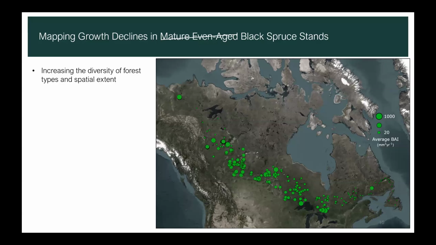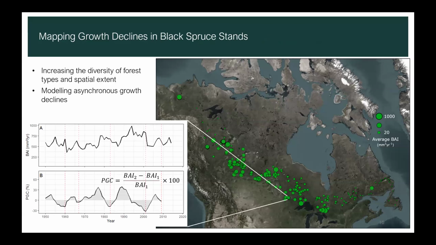So we're using the large tree-ring database from the CFS. And this time, we're not studying a single event, because the idea is to eventually be able to develop a monitoring tool that could be applied continuously over the years.